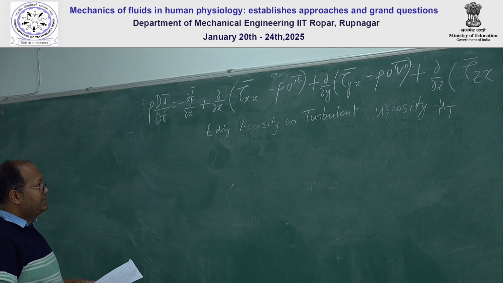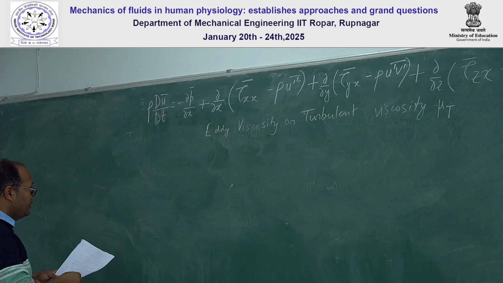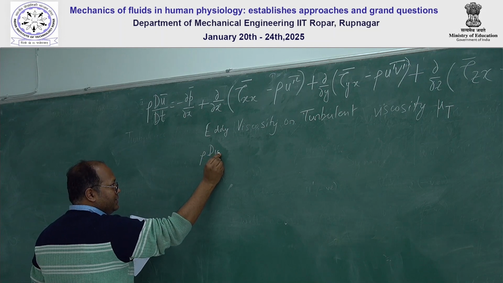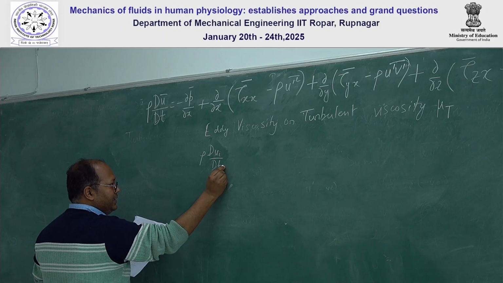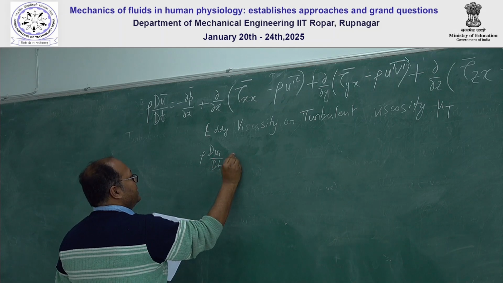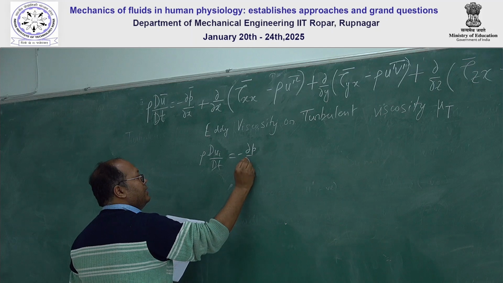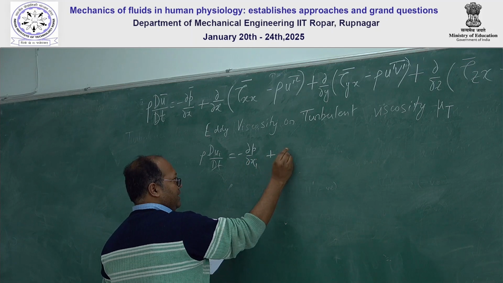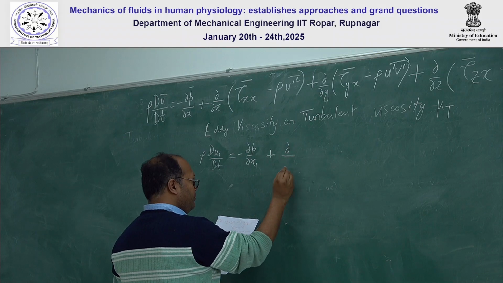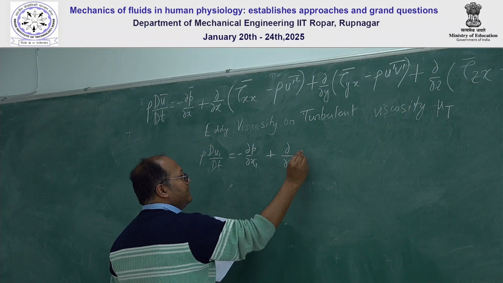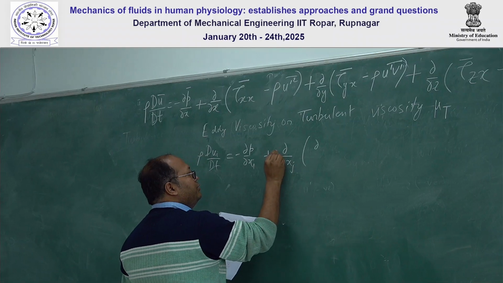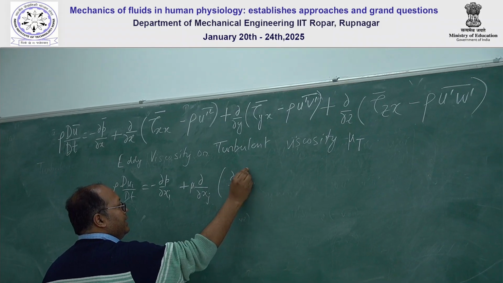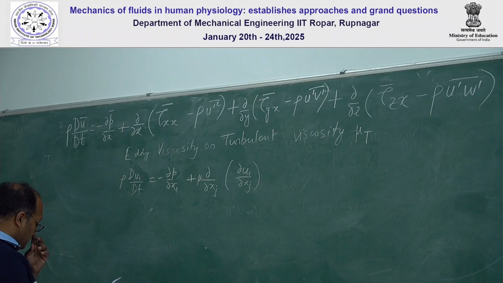Now, in general, when you write down, let's say, the general equation is rho d u_i dt in the index notation, minus del p del xi. I'm neglecting the body force for now. Del xj mu, let it be like here, del ui del xj.